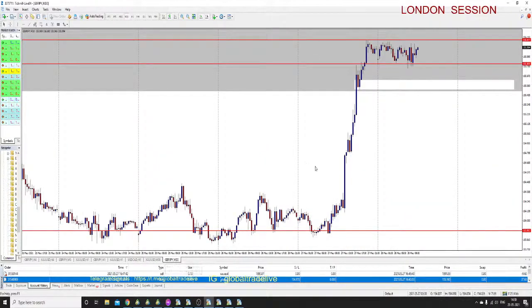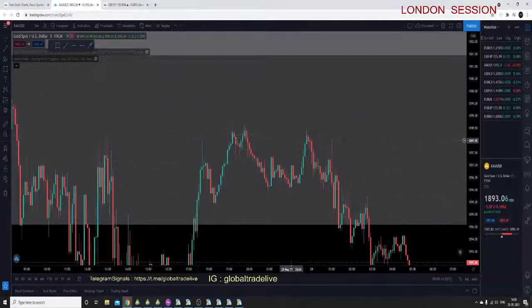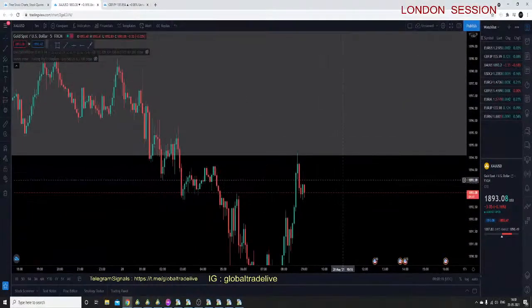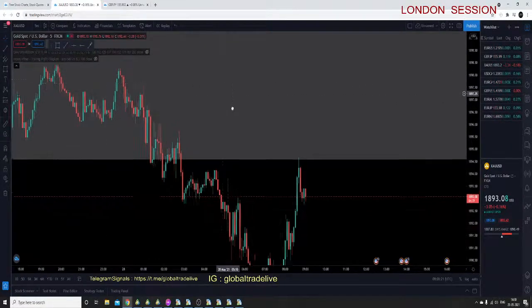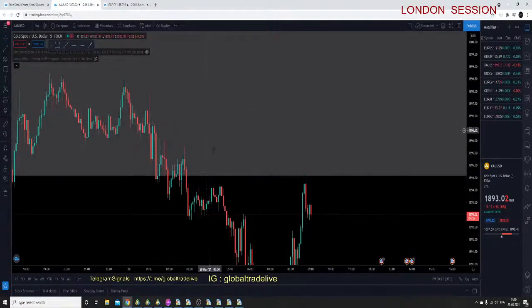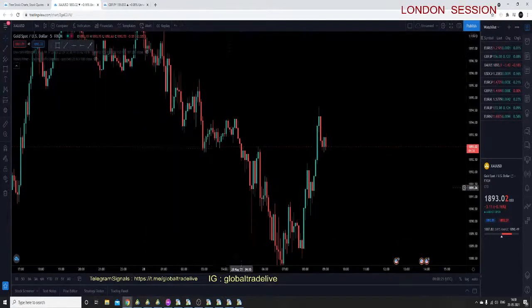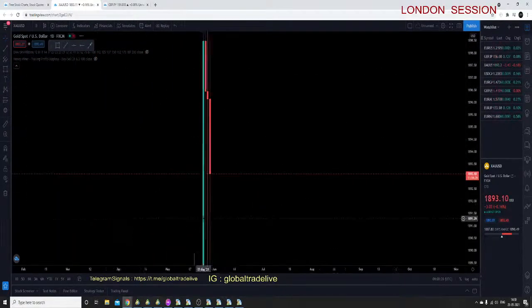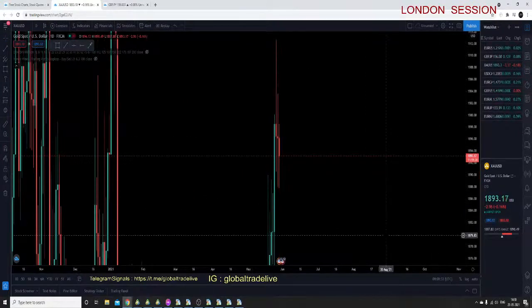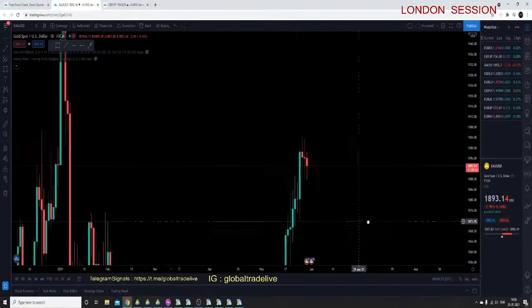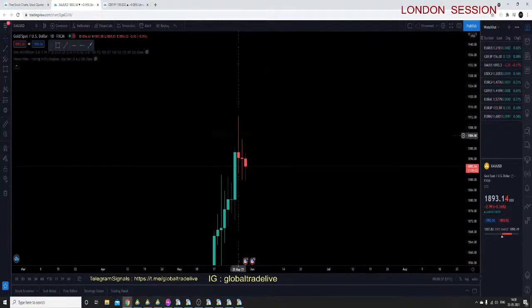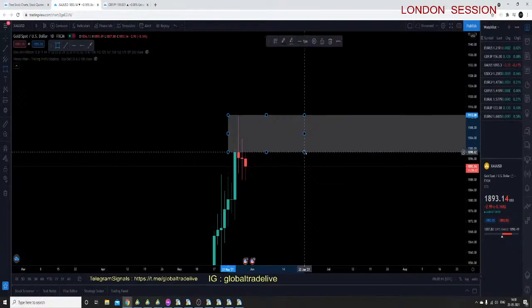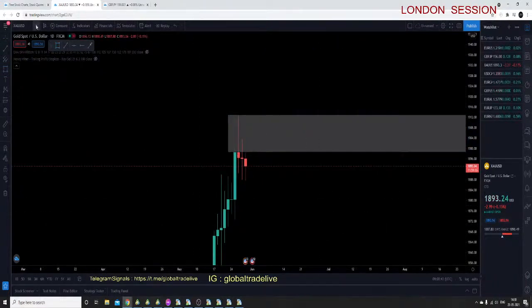Okay, the daily time frame also has this wick to be filled. In GBP, oh, this is gold.